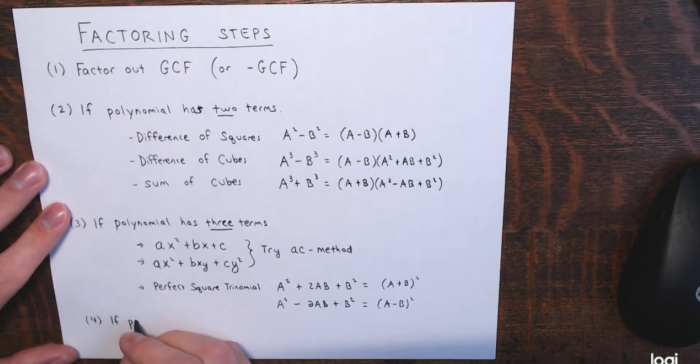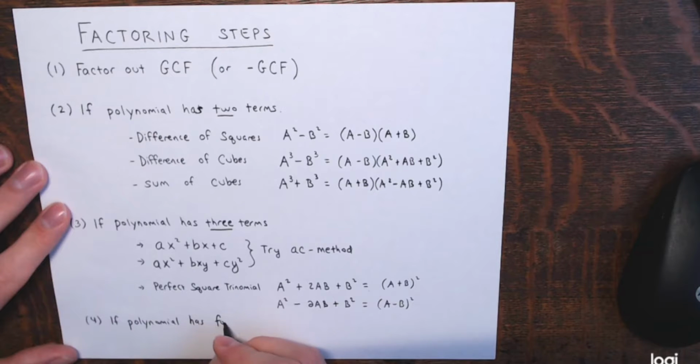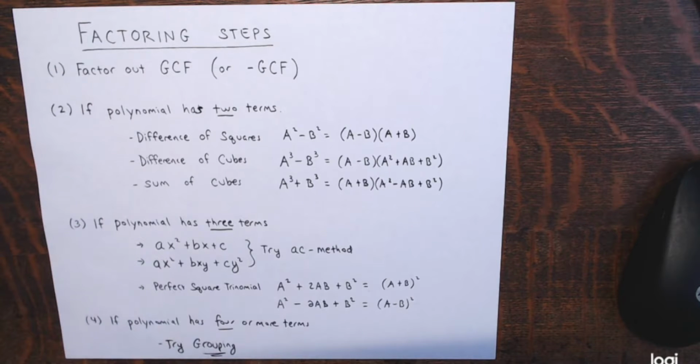But if the polynomial has four or more terms, try factoring by grouping, right? The grouping method. Which again, I'm just mentioning the method and assuming you remember what it means, based on previous sections.